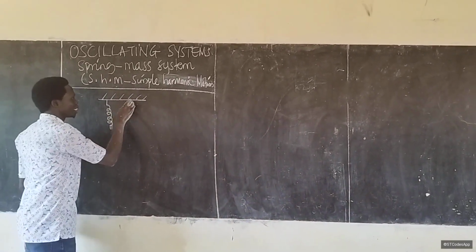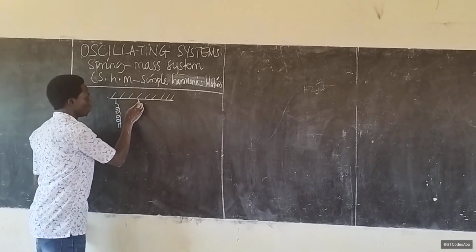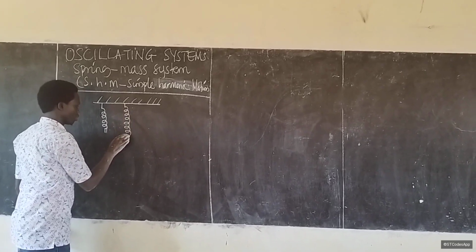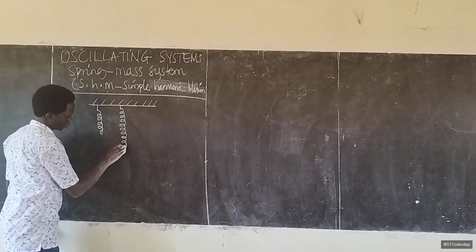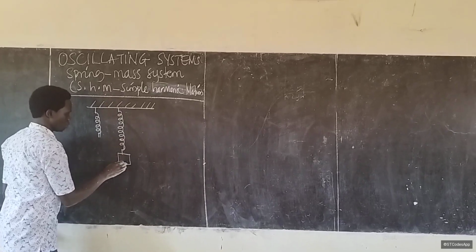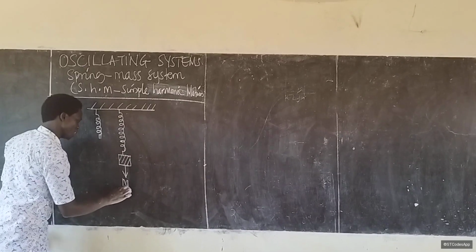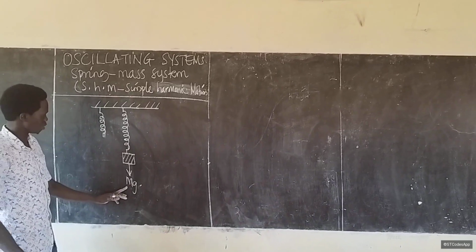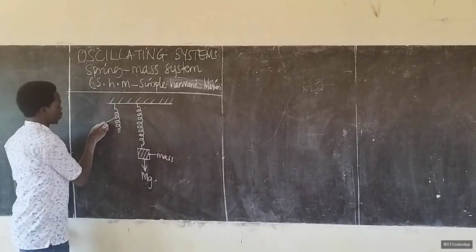So we are going to attach one, because we are looking at the spring mass system. This is our mass. We have attached it here. So the weight will act vertically downwards, so that is mg. And this is the mass actually. This is the spring.